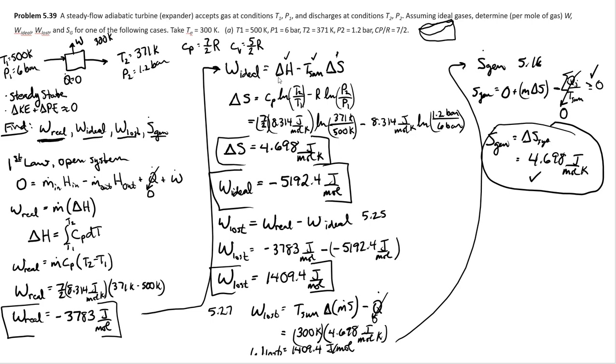It wouldn't have. Would it have affected the lost work calculation? Yes, and you would have included that in your entropy generation term. But here the problem was a little simpler. No heat transfer makes things simpler, and so our total entropy generation is just, in this case, the total entropy change of our system.